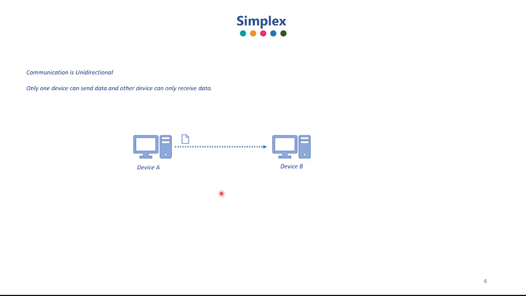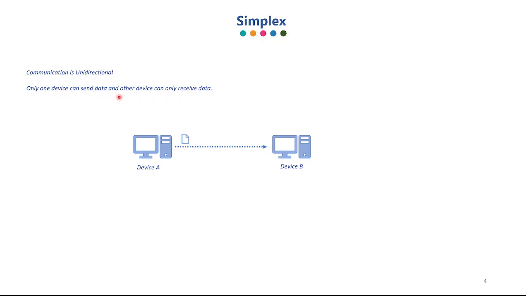Simplex. Simplex is a single device which is sending the data, and other devices are only listening. So when we say that this is a simplex scenario, it means device A is always the sender, device B is always the receiver. Device B never ever will send the data back. So it's only one-way communication, unidirectional.